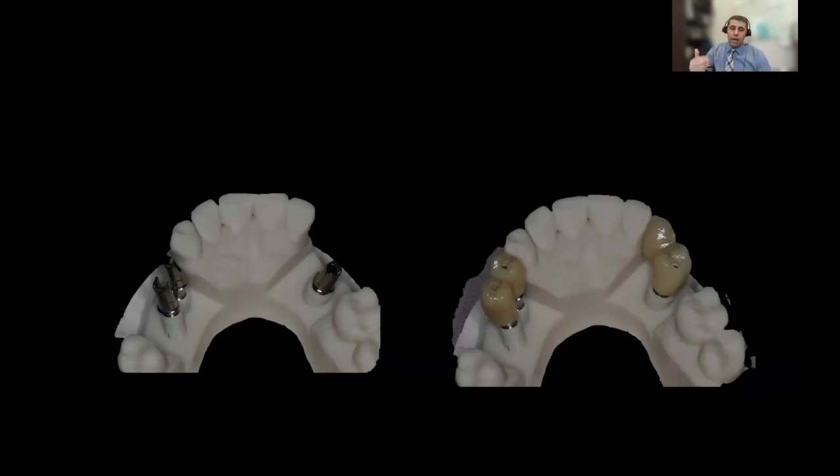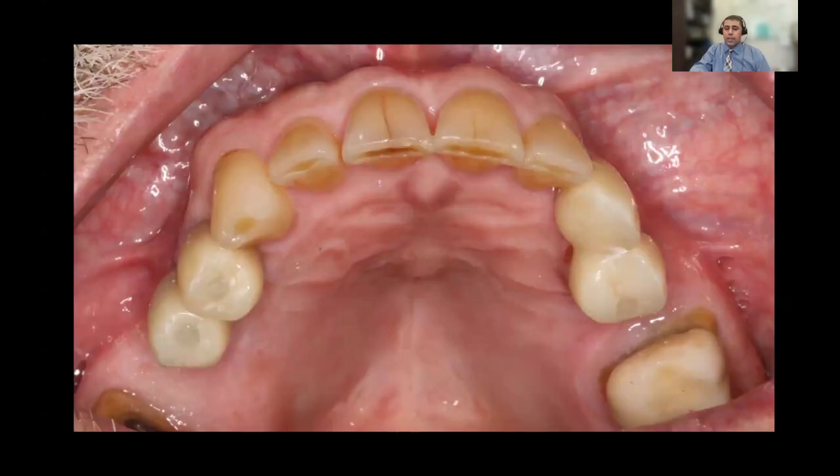So again, you have to think about the biomechanics, the biology, and the long-term effect of that on the patient. And here's the completed case. And notice that these are done in screw-retained fashion for easier management of complications, having the prosthesis fully retrievable.